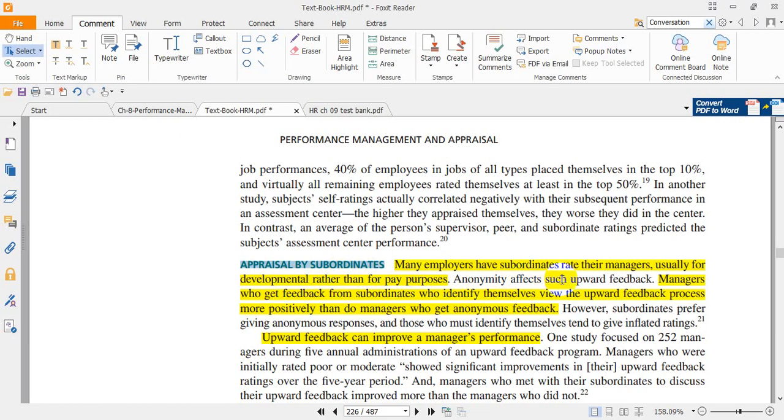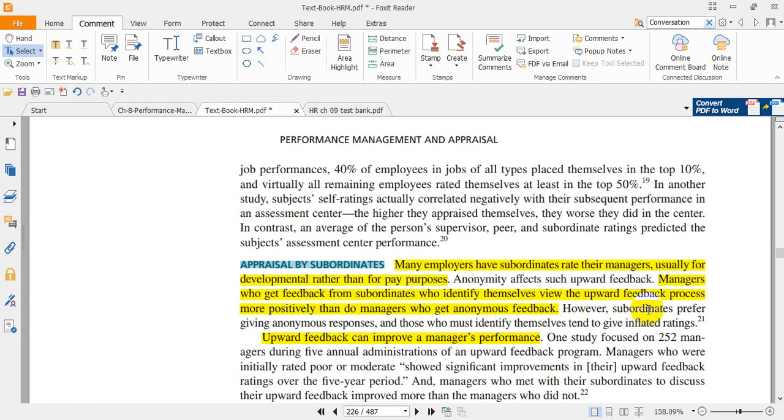Anonymity affects such upward feedback. Managers who get feedback from subordinates who identify themselves view the upward feedback process more positively than do managers who get anonymous feedback.